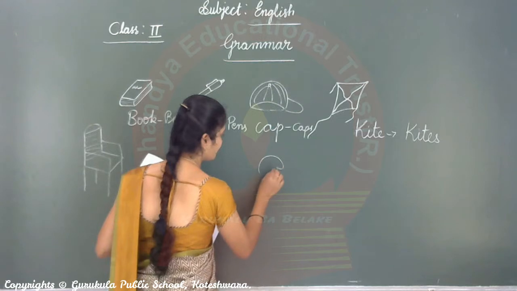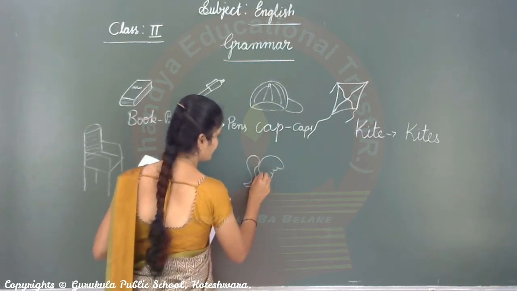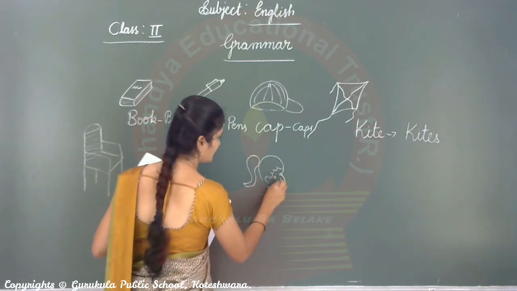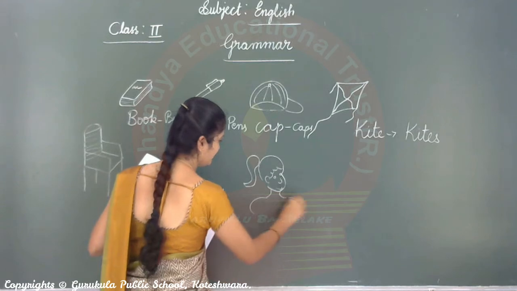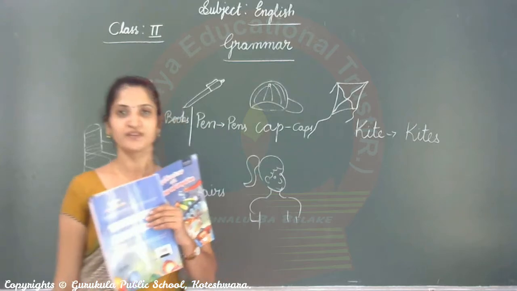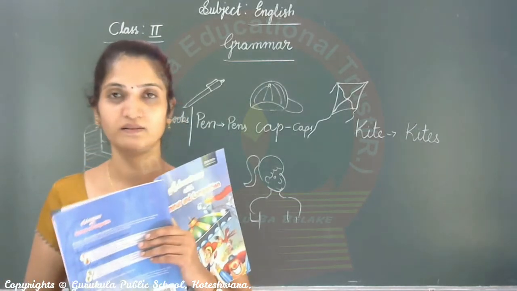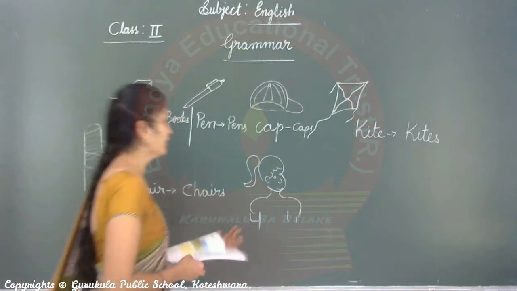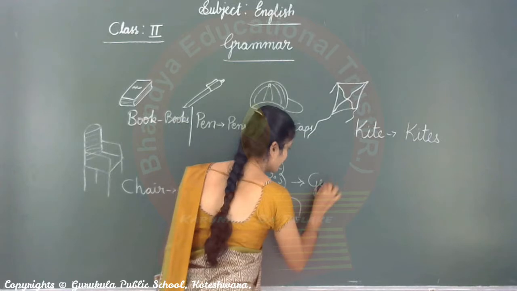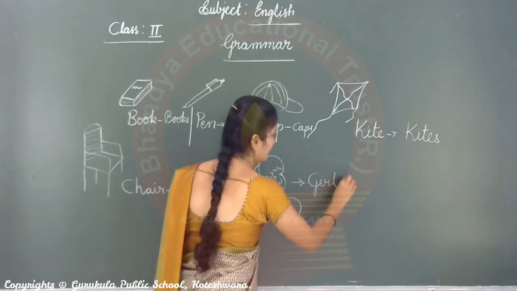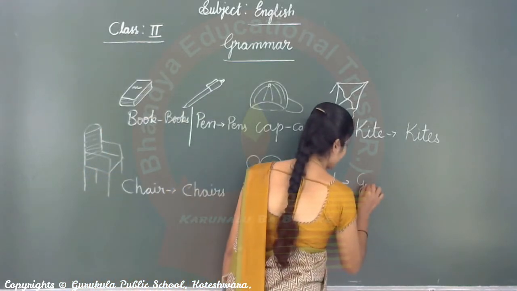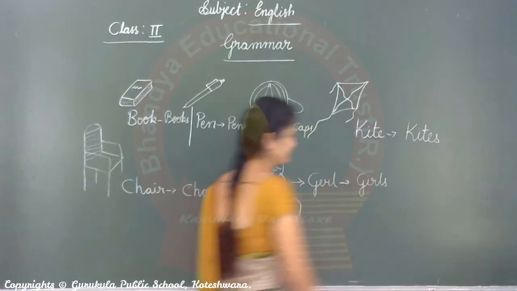What is this? Yes, she's a girl, right? Is this a thing or a person? Yes, that is a person, right? If it is only one person, how shall I write? Girl. If it is more than one person, girls. Just add s, right? Girls.